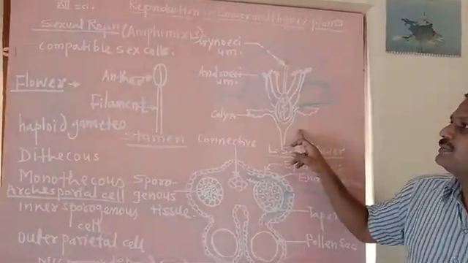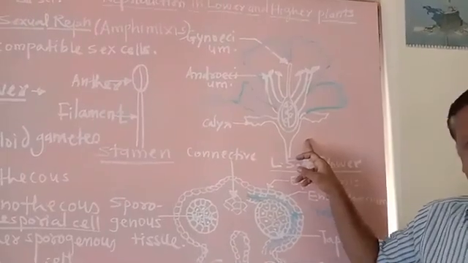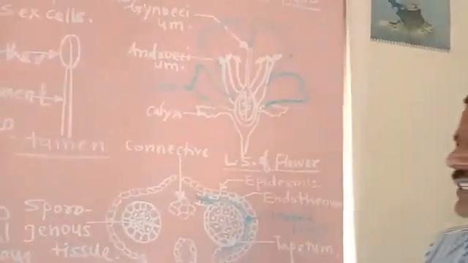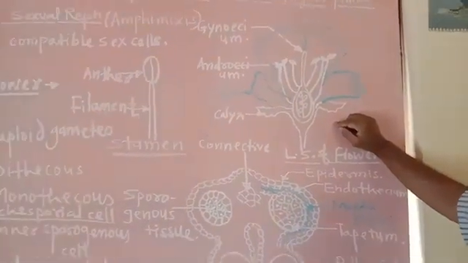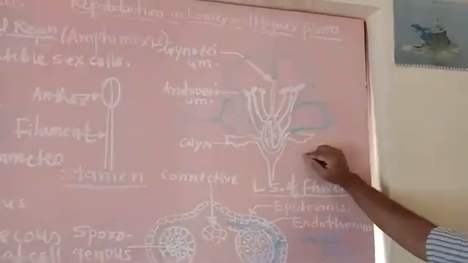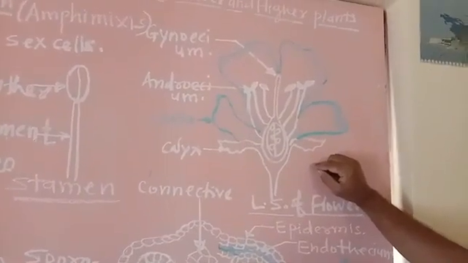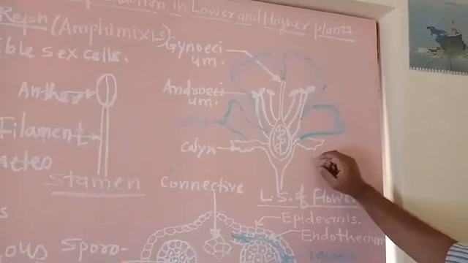This flower also shows two major events, that is meiosis and formation of gametes. The gametes fuse with each other to form a zygote.